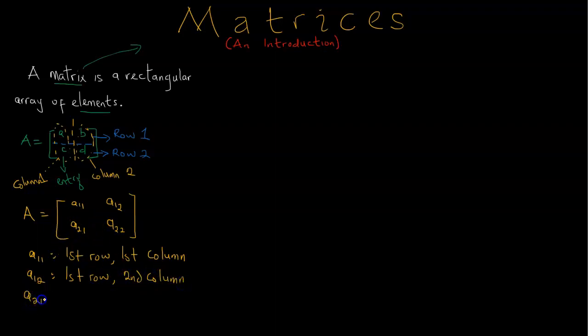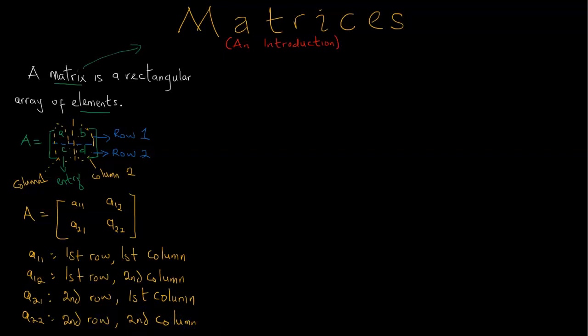A21 represents an element in the second row, but in the first column. And finally, A22 tells us that this element occupies the second row and the second column.